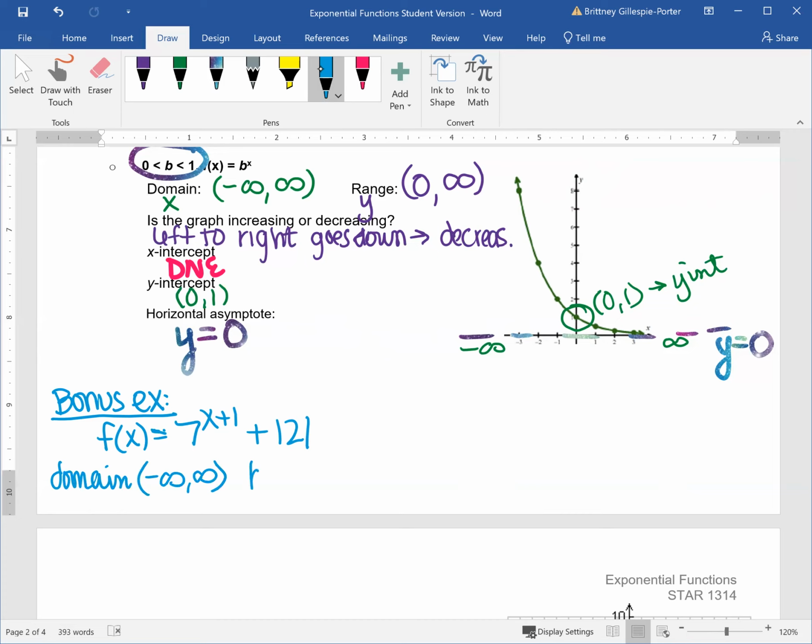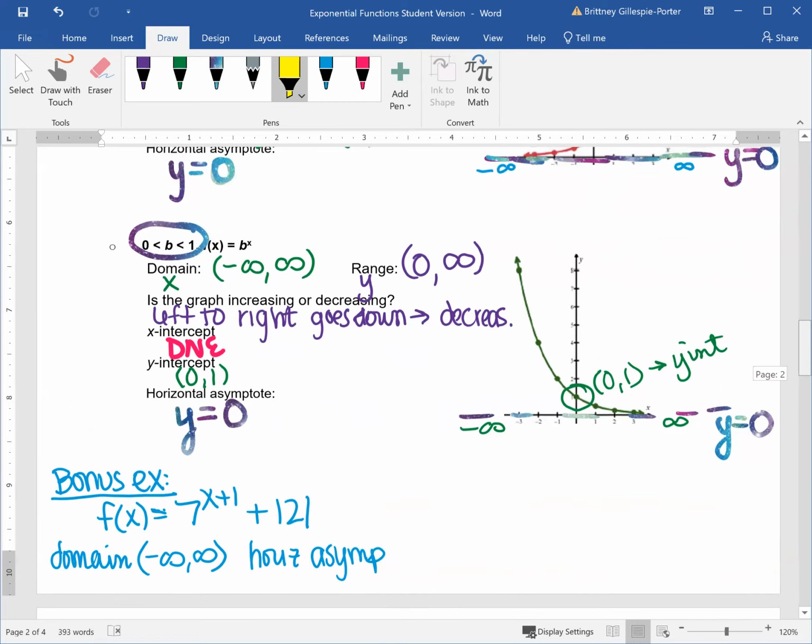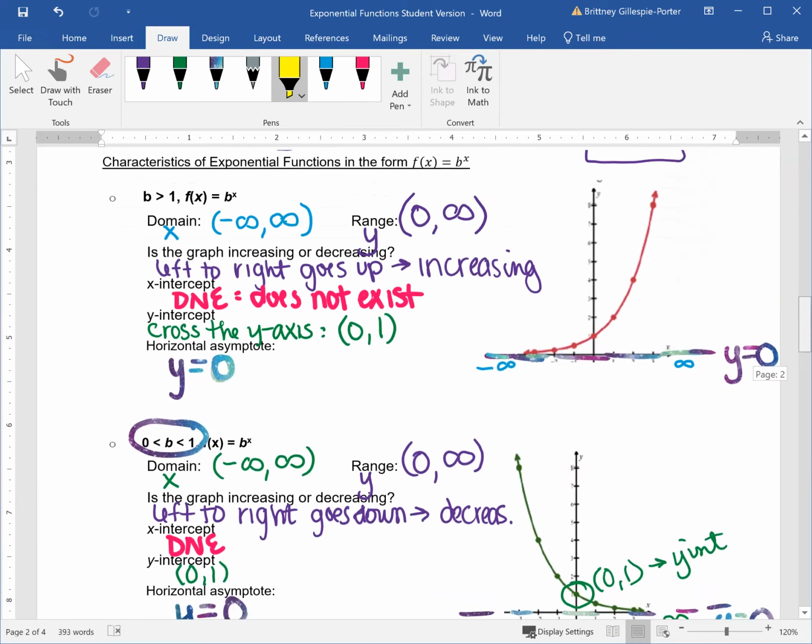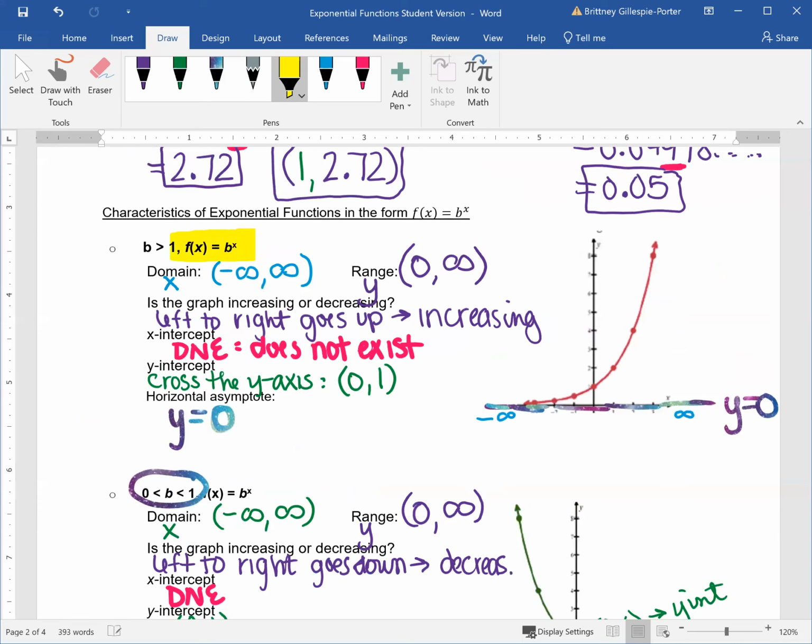But this time, our horizontal asymptote is not 0, because we have a couple other things going on in this example that we didn't in the previous. If we look at our previous graphs, they had y equal to 0. Our horizontal asymptotes are going to come from whatever follows our function. So if we have f of x equals b to the x, there's nothing at the end here.